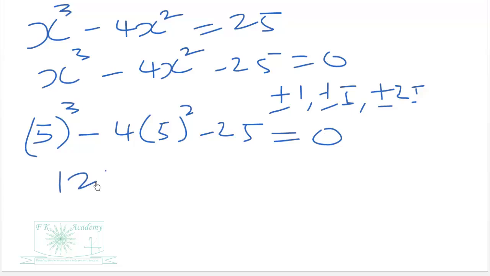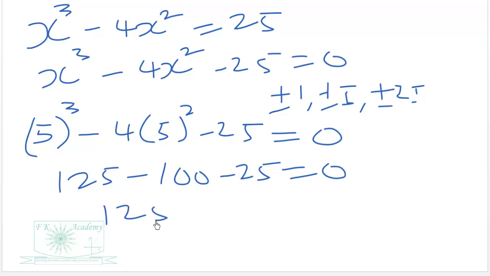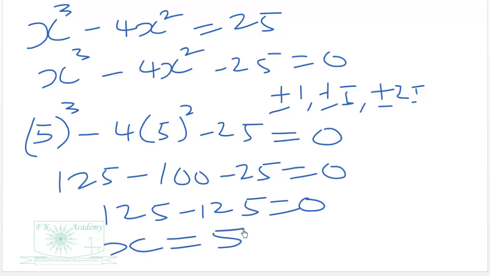So this will give us 125 minus 4 times 25, which is 100, minus 25, will be equal to 0. So we obtain 125 minus 125 is equal to 0, which tells us that x equals 5 is one of the roots. So how do we get the other two roots?